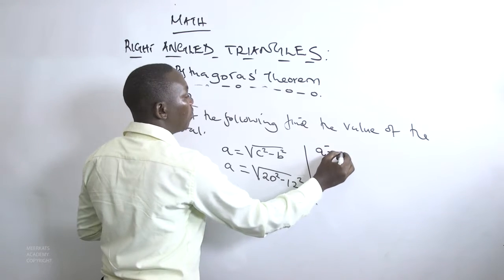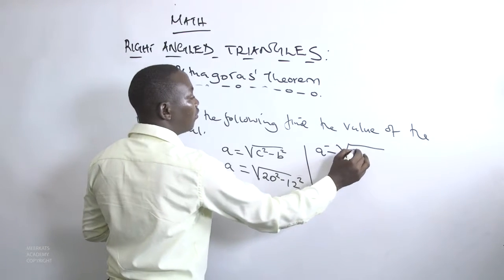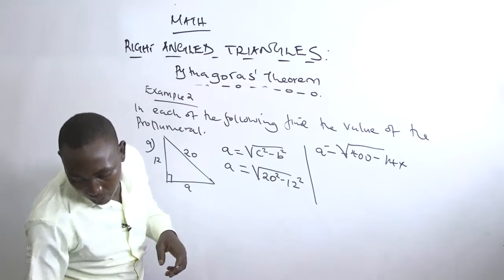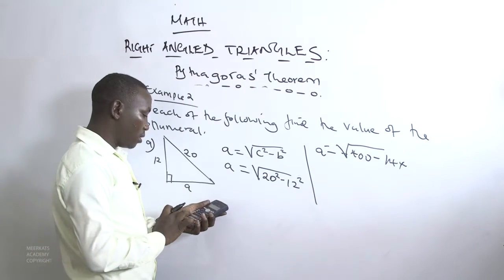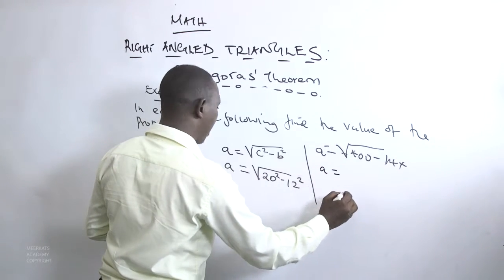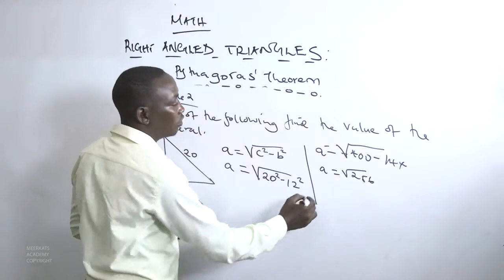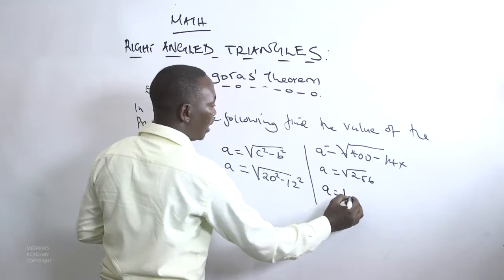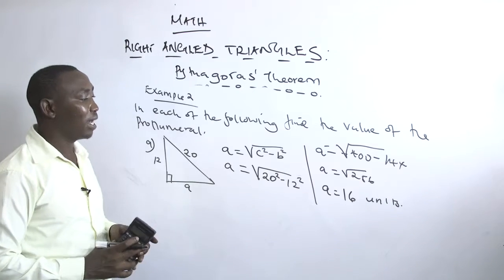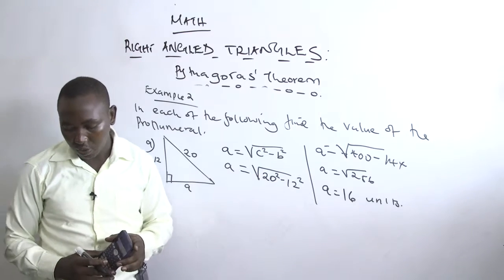That means that our A will be equal to the square root of 400, subtract 144. When you get the difference, A will be equal to the square root of 256, and when you get the square root of 256, you'll get that A is 16 units. So this tells us that one of the shorter sides of this particular triangle is 16 units.